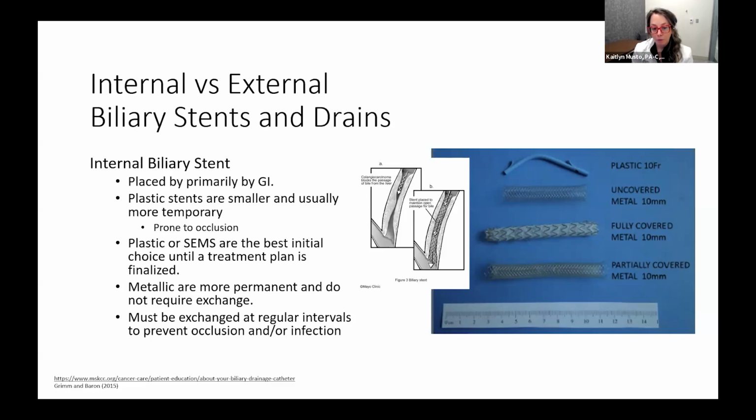What can happen sometimes is when a metallic stent is placed too soon in the treatment process, if it hasn't been completely decided if a patient's a surgical candidate, those can be really challenging to remove because they're more permanent. That's what also makes them kind of nice, because they tend to not need exchanges often. But this is where you really need to talk with your healthcare team to make sure everybody has an understanding of what the ultimate treatment plan would be in your case.